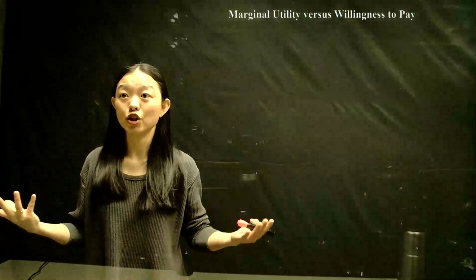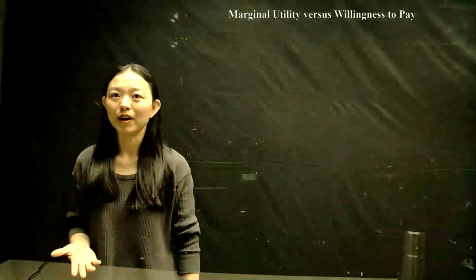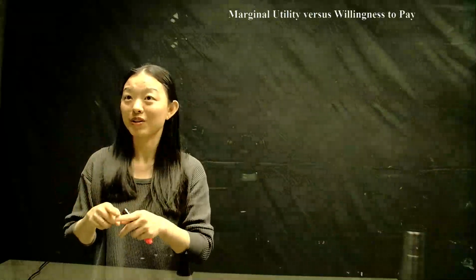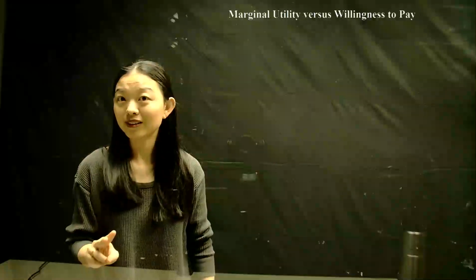And how can marginal utility be related to the demand curve? Because marginal utility relates to consumers' willingness to pay. Think about the first slice of pizza: when you're very hungry, you would like to pay $2 for that slice. For the second slice, you might only want to pay $1, right?